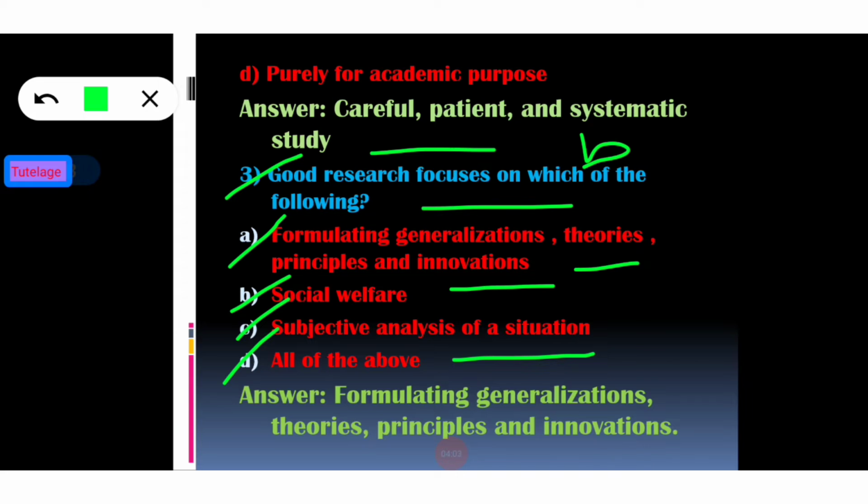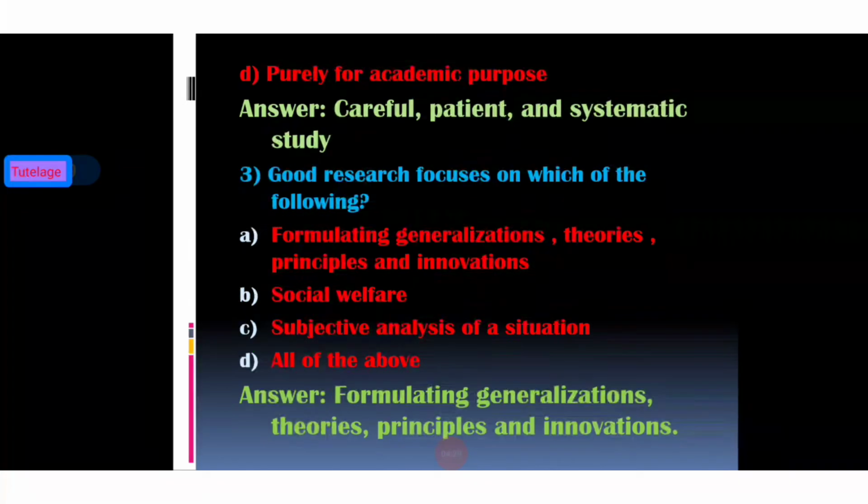Obviously, research focuses on formulating generalizations, theories, principles, and innovations, not social welfare and not subjective analysis of a situation. So option A is the correct answer. Now move on to the next slide.